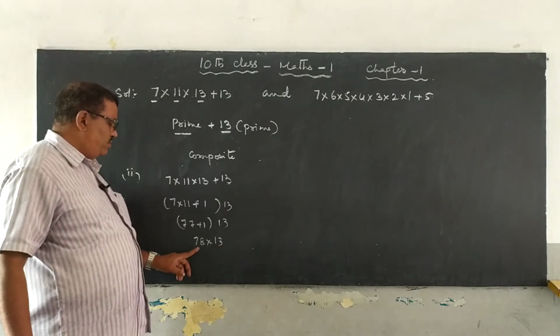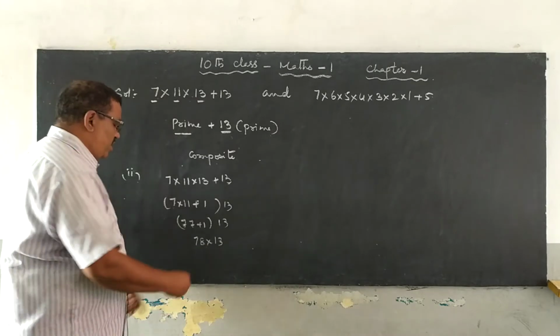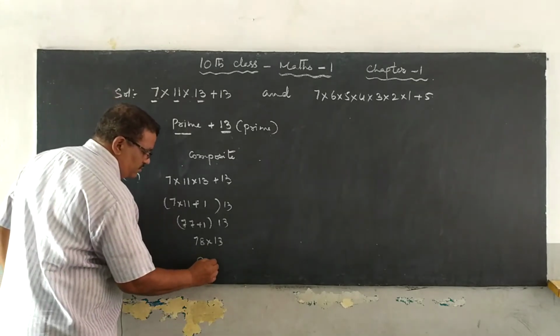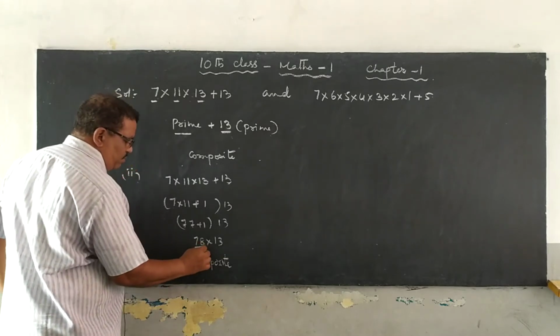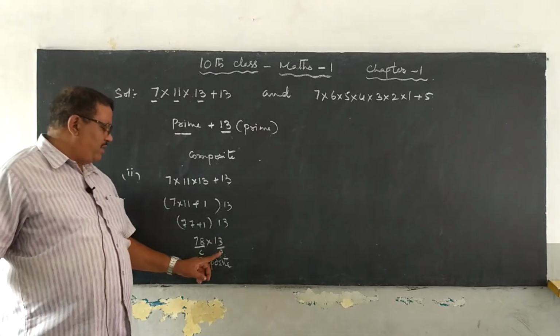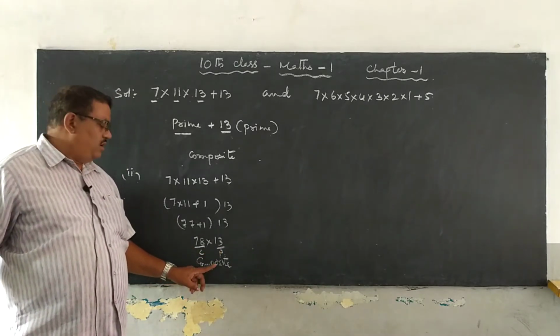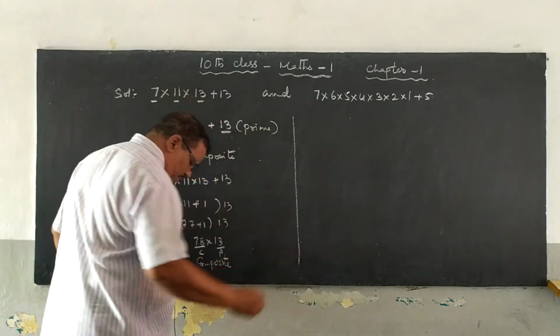The product of prime and composite is also a composite number. In a similar manner, we have to do the other problem.